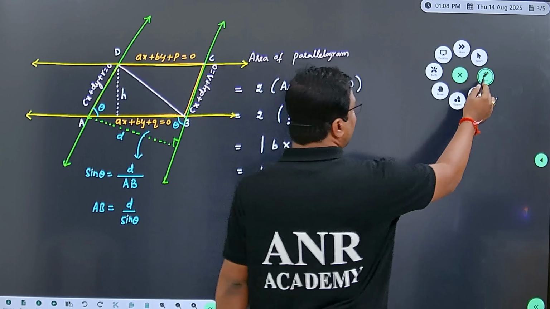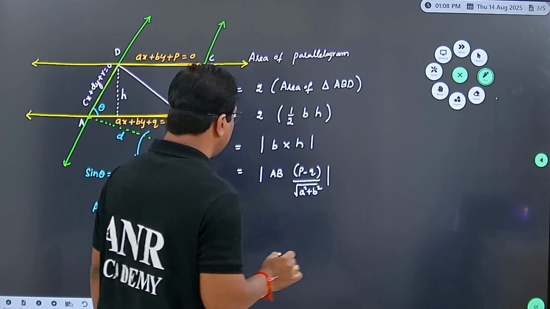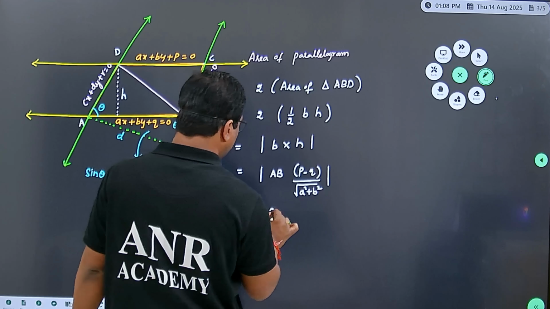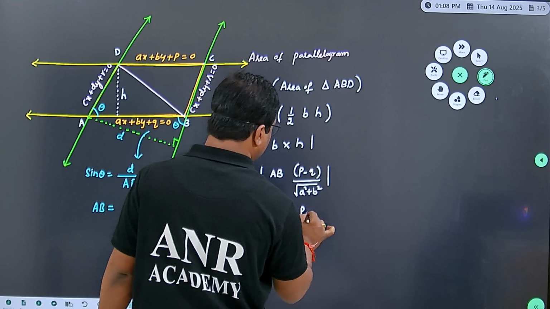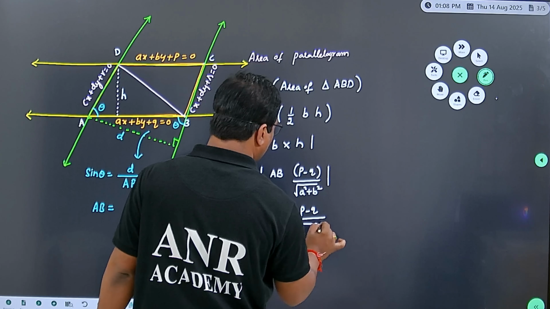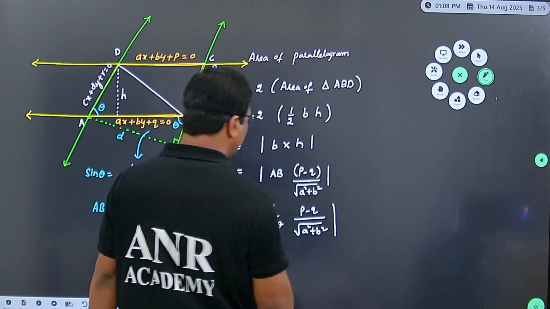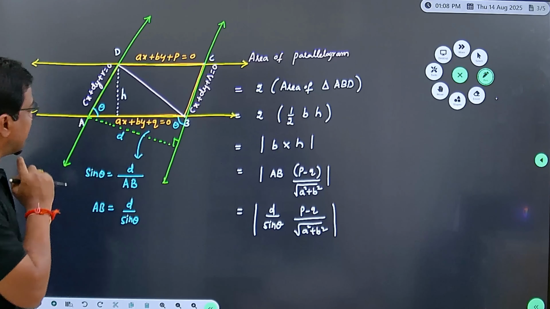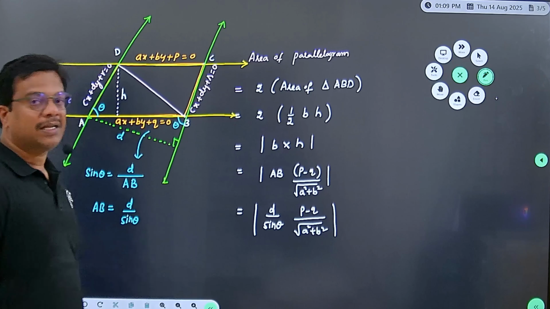Now I am going to replace AB with this result, that is d divided by sine theta, and here it is P minus Q divided by root over A square plus B square, whole modulus. But d is the distance between these two parallel lines. I am going to replace that in the next step.